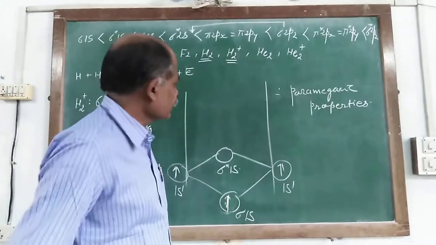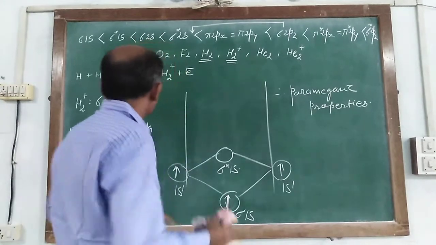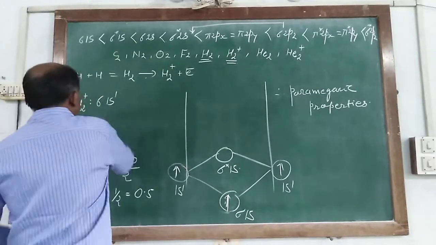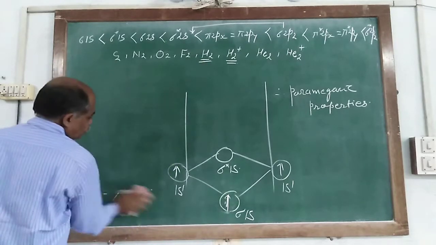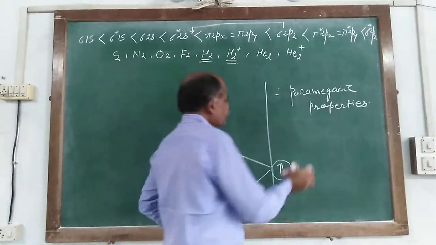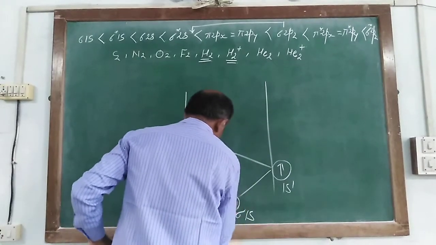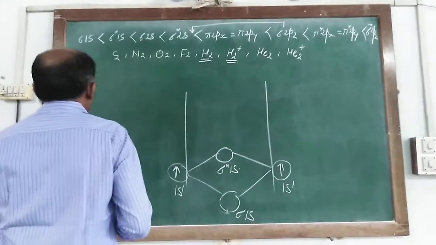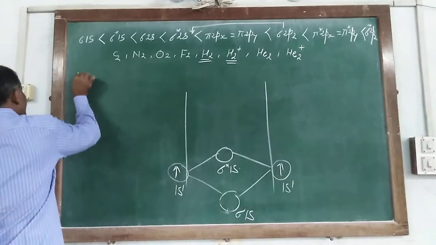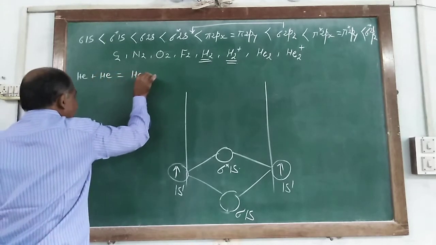Now we take another molecule, He2. In the He2 molecule, two helium atoms, He plus He, give He2.